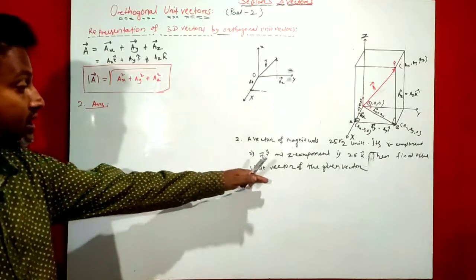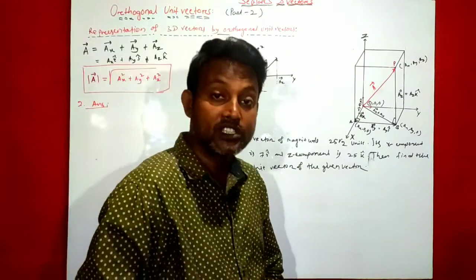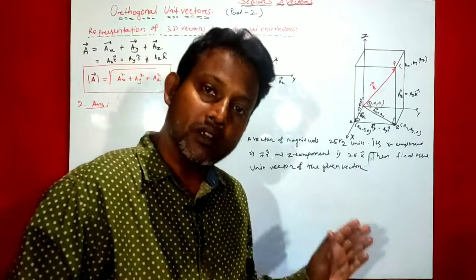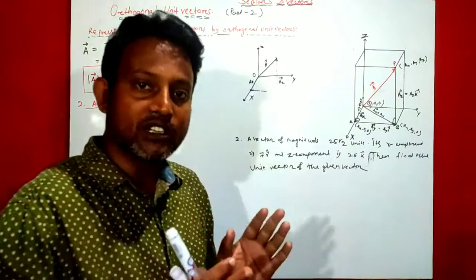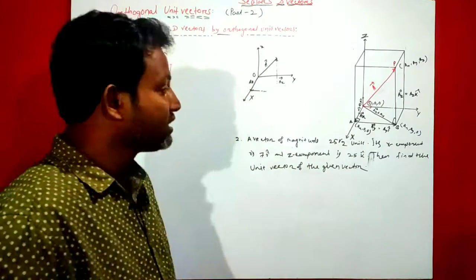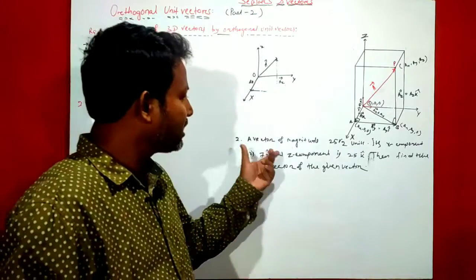I am writing the answer here, I am solving here. So guys, what does question number 2 say? Given the magnitude of a vector and its two components, one is the x component and another is the z component, we have to find the unit vector of the given vector.